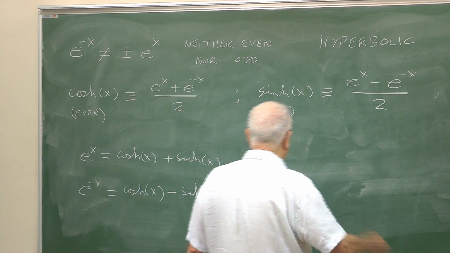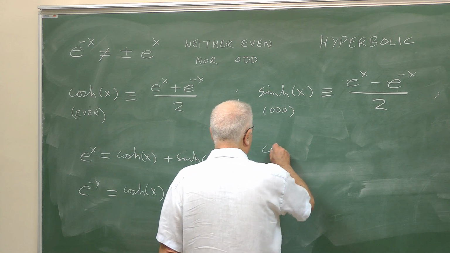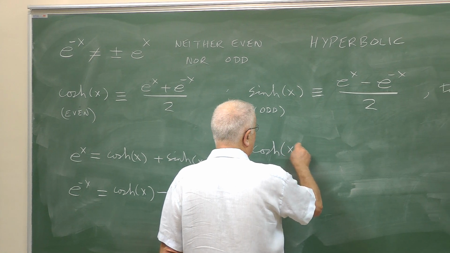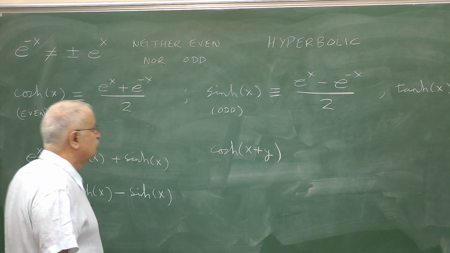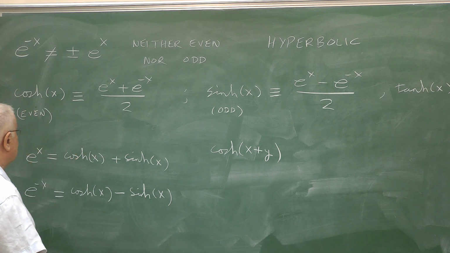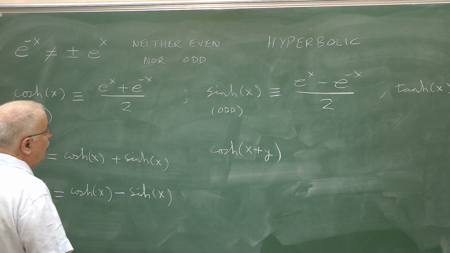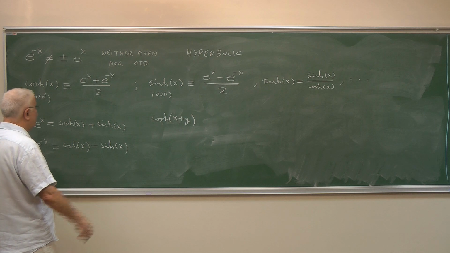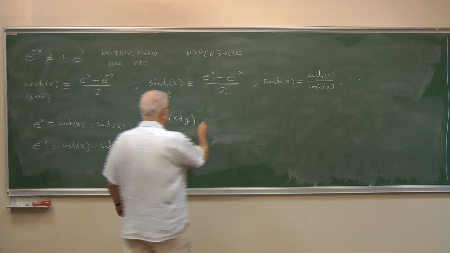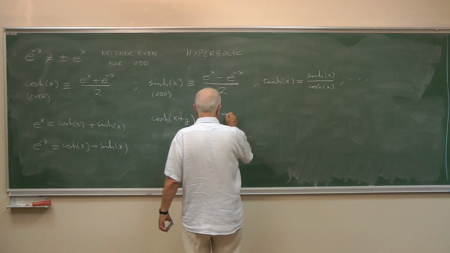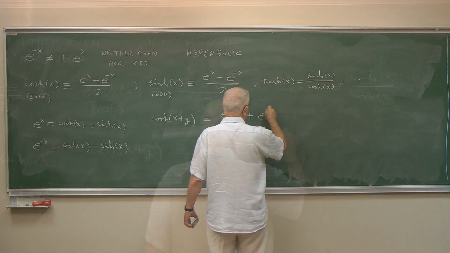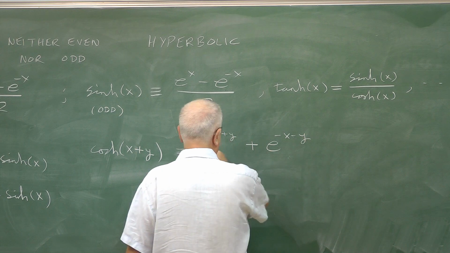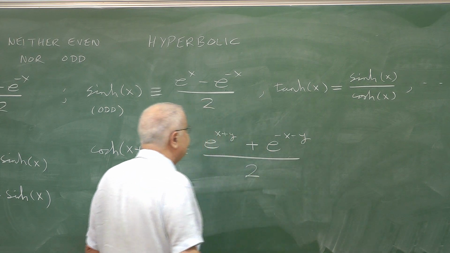A crucial thing, for example, is to find cosh of a sum. How do we do this? Well, we can write this as e to the x plus y plus e to the minus x minus y divided by 2.